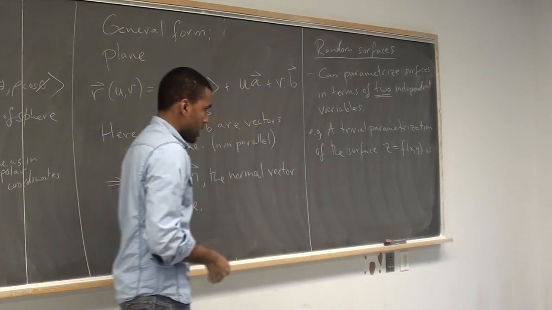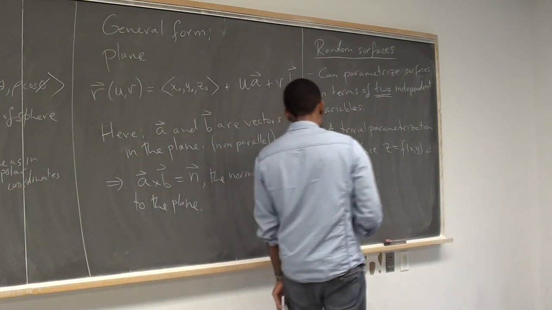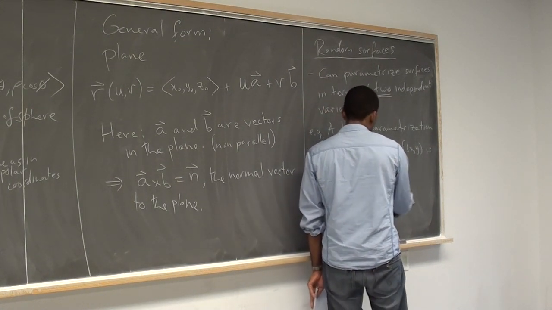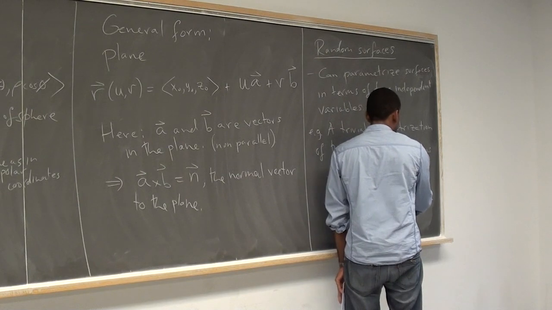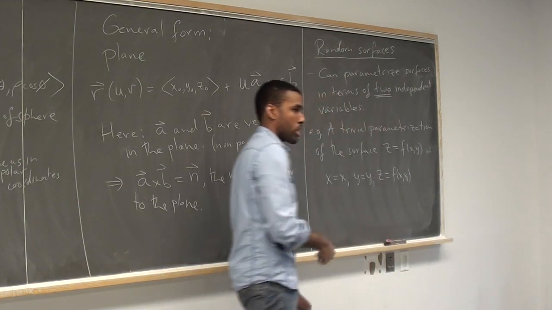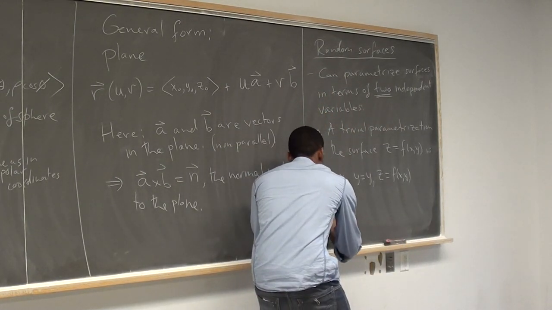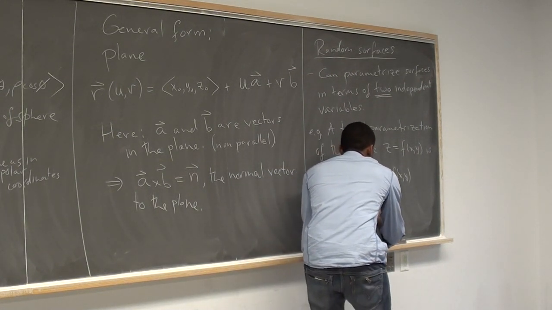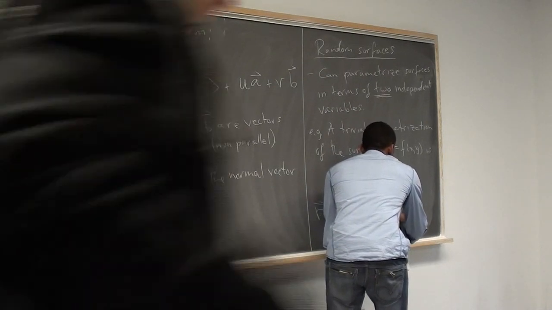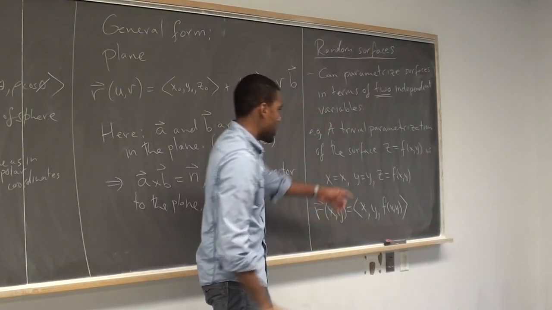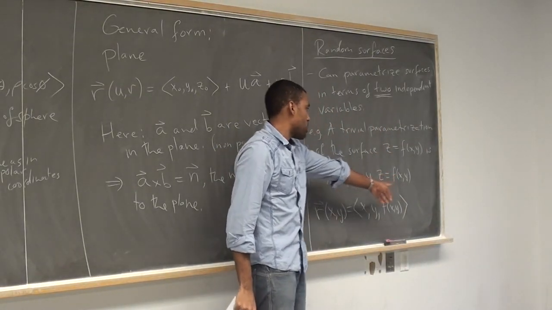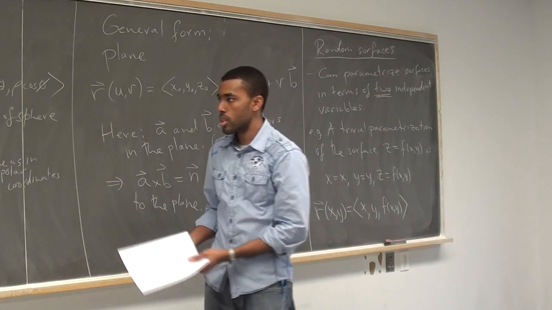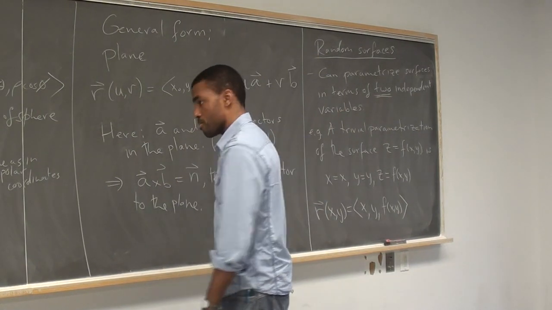If you have a surface like z equals f of x, y, you can parameterize it by letting x be itself, y be itself, and taking z equals f of x, y. That's why I call it trivial parameterization. So this is parameterized by r of x, y equals x, y, f of x, y. The x and y are your independent variables, and you can leave them as themselves. That will work for anything.